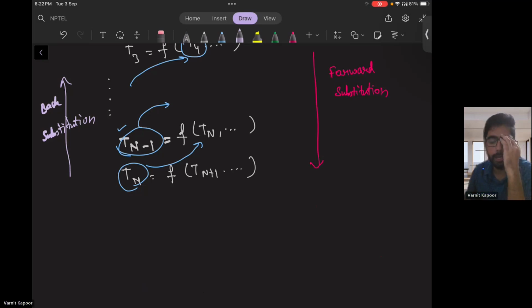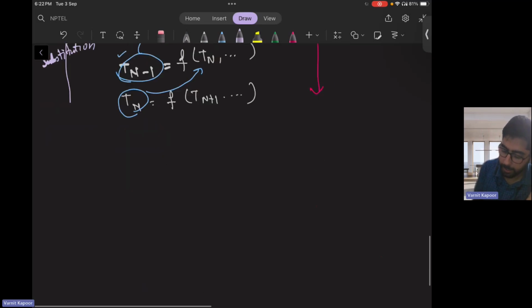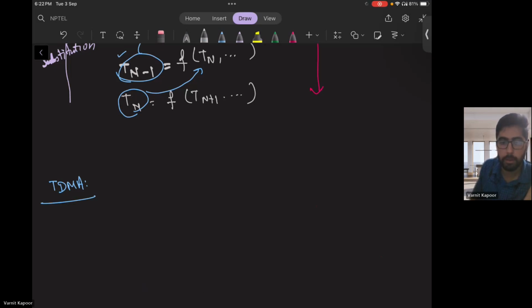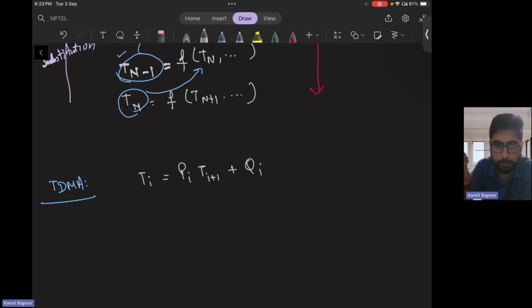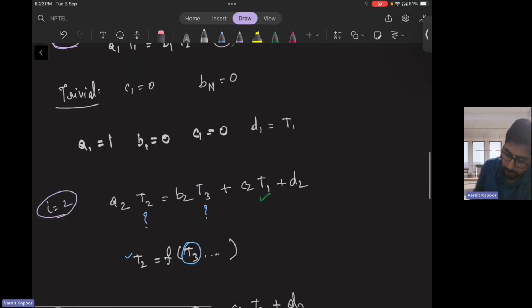So what TDMA does here is, if you observed, T at the ith node is nothing but some coefficient P_i times T at the next node plus Q_i, the constant value. So Ti is a function of Ti plus 1 plus a constant value. That was only written here.